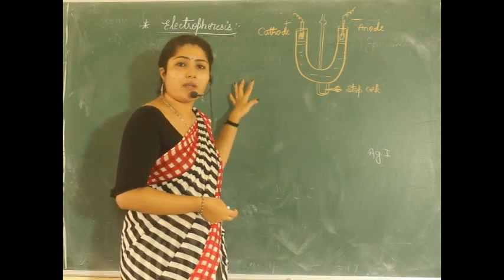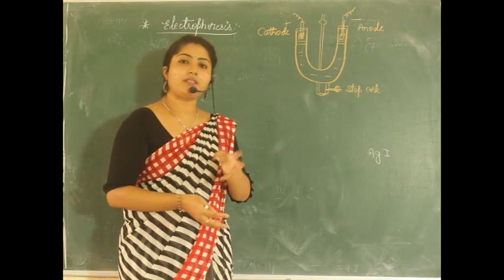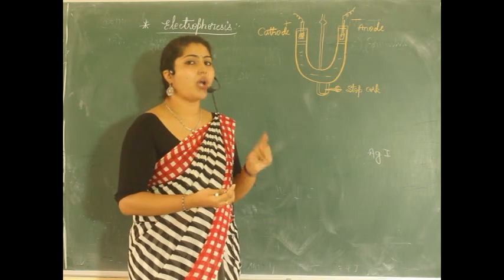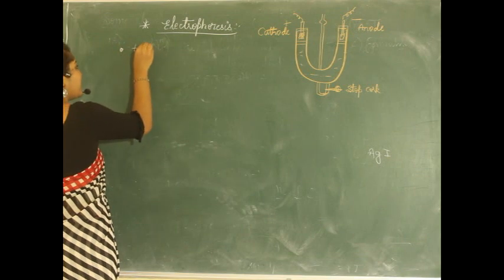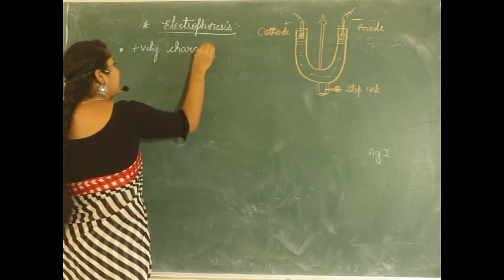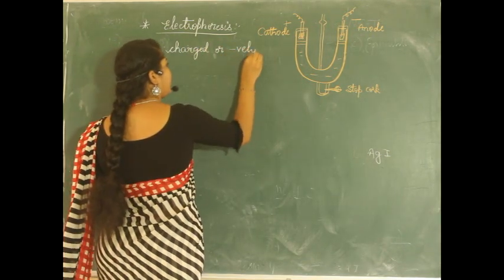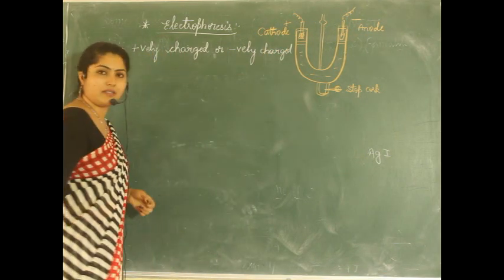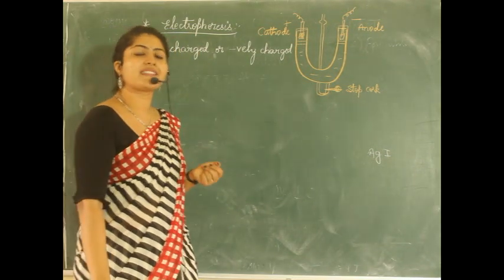Electrophoresis is an experiment with which we can know whether the colloidal particles or colloidal solution is positively charged or negatively charged. So what do we get to know? We get to know whether the colloidal solution is positively charged or negatively charged. That is by the electrophoresis experiment.